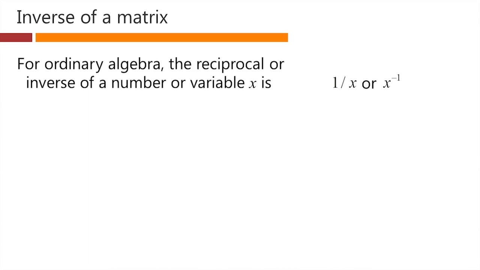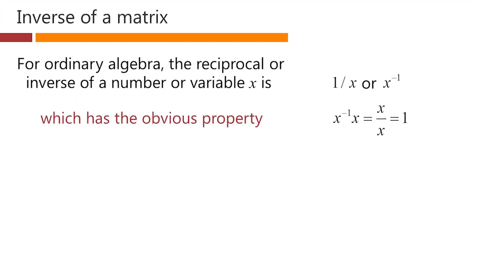For ordinary algebra, the reciprocal or inverse of a number or variable x is simply 1 over x, or we might write that as x to the minus 1. Now, it's not clear what we would mean by 1 over a matrix, so we can't use that notation. However, we will try to make some use of a notation like this. Anyway, for ordinary numbers, this quantity x to the minus 1 times x is the same thing as x over x, and it equals 1.